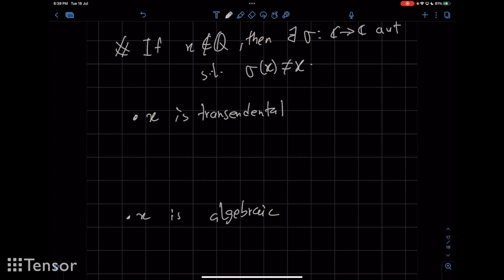If x is transcendental, then let's consider the field Q adjoin x. So it's the smallest field that contains Q and the number x. This is isomorphic to the field of rational functions over the variable x.